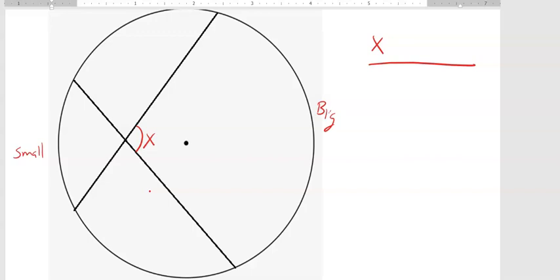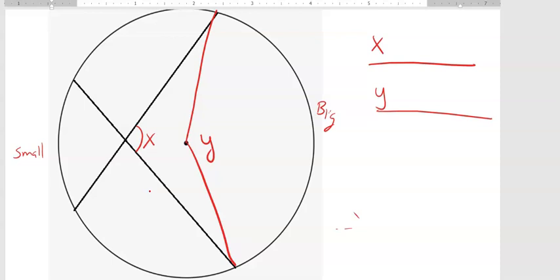So the way that you're going to find the big arc, does our protractor measure arcs? No, it measures angles. So what you would do is go from here to here, and from here to here, and we can call that Y. And you're going to find out what that big arc is by finding the central angle. Once you are done with that, what I want you to do is figure out what the other arc is going to be.